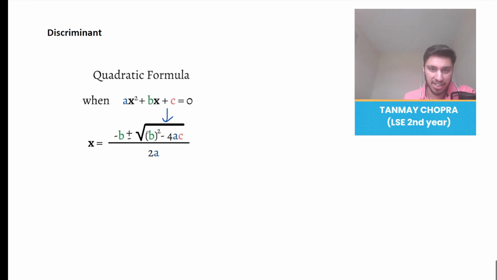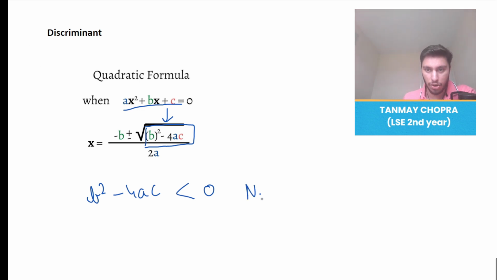So what we are interested in is considering this thing, b squared minus 4ac. So if b squared minus 4ac in a quadratic expression, ax squared plus bx plus c, is smaller than 0, which means it is negative, then no real roots at all. No real roots. Remember that.